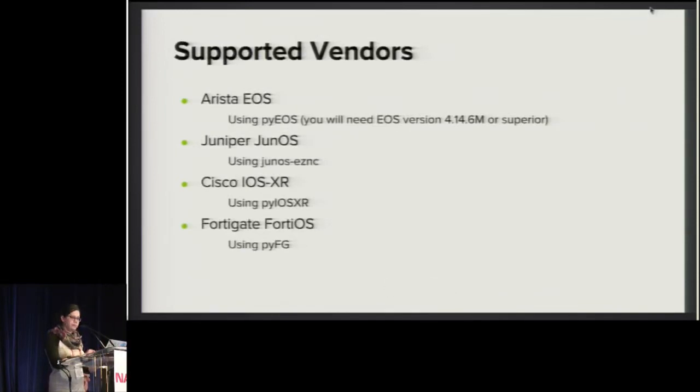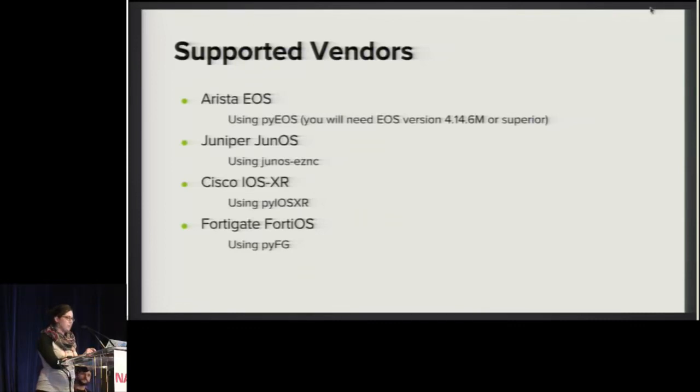Now, those are the vendors that we currently support: Arista's EOS, Juniper's Junos, Cisco's IOS XR, and FortiGate. Mainly because those were the vendors that we were using at that time, and that's what we needed.